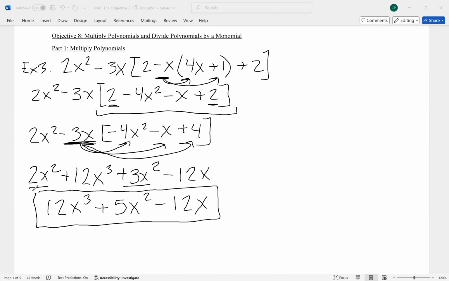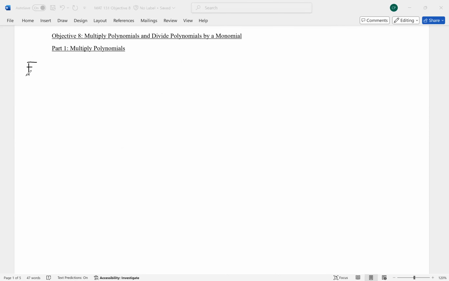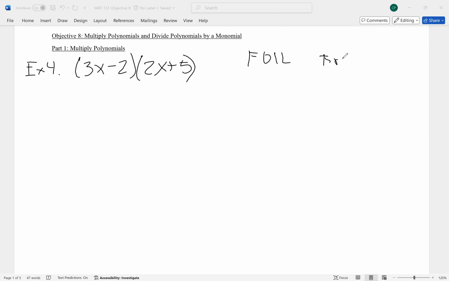Now let's look at example 4. You all have seen a problem like this before. We call this the FOIL method, and we call it that because it is first, outer, inner, and last.